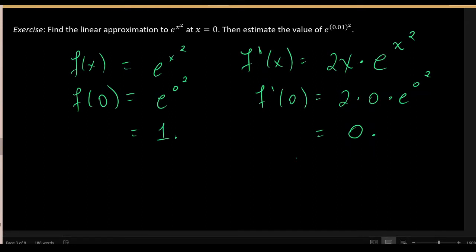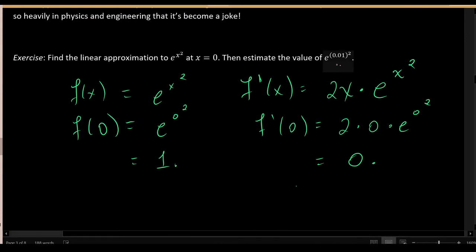So now someone comes along and they say, actually, I'm not interested in x equals 0 right now. I'm interested in the case of what happens at a slightly different x. What happens at x equals 0.01?